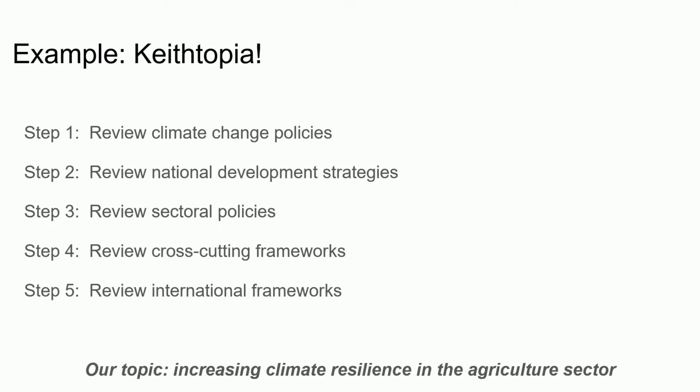These new guidelines say that at least 40% of participants in all activities should be women. The government is also planning to establish a new microfinance scheme and an entrepreneurship training program for women in rural communities. So these are very important things that might be useful in the design of our concept note if we can connect to these broader initiatives to improve gender equality and gender equity in Keitopia.